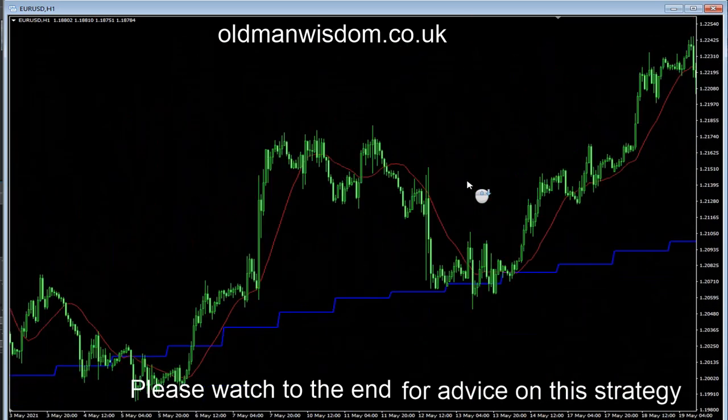So what we're doing here is, this strategy is really trend trading in many ways. But what we're trying to spot are these, as price comes up to a high, you want to see a pullback, and then you're going to mark the high, and you're going to mark the low.